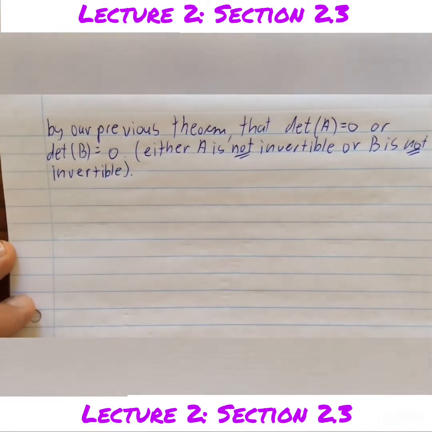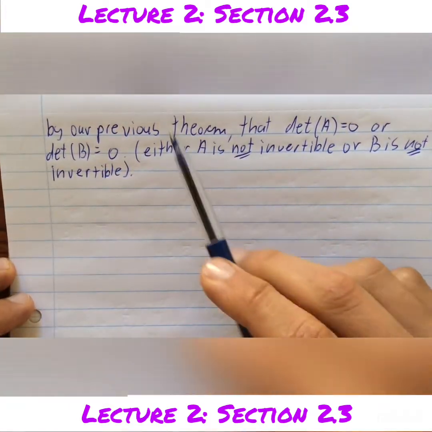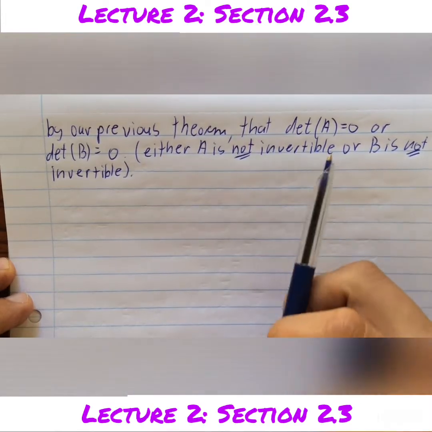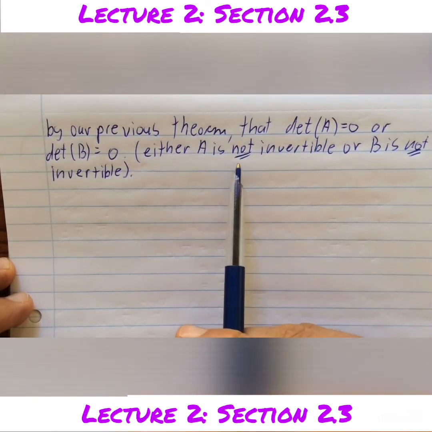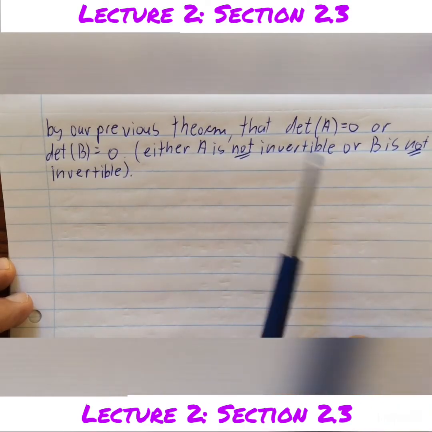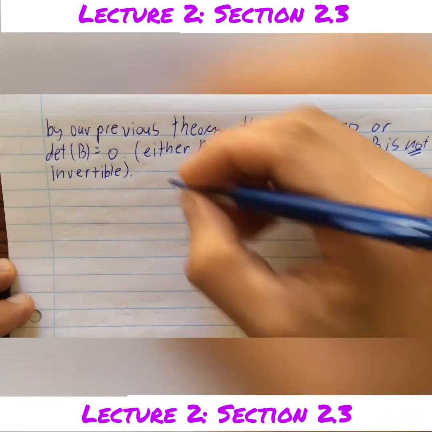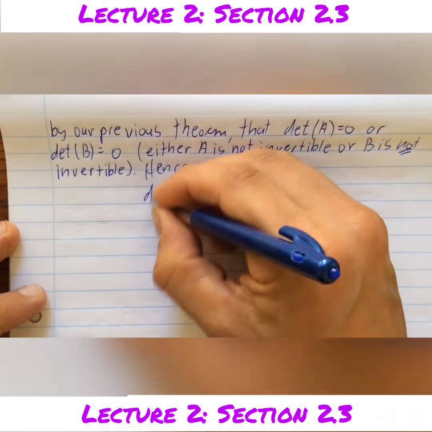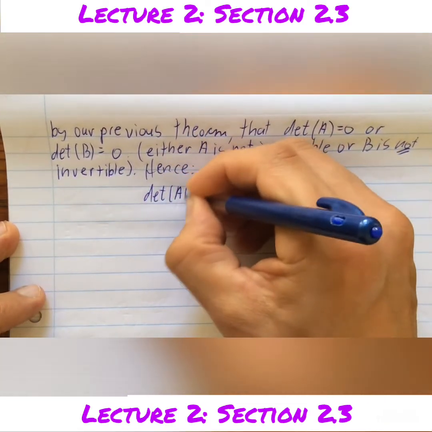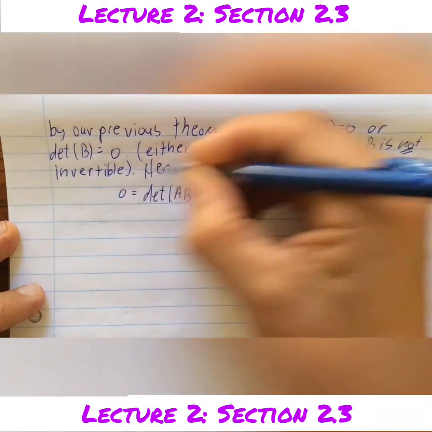Remember, a matrix is invertible if and only if its determinant is not 0 by the previous theorem. So if A is not invertible, its determinant is 0, and if B is not invertible, its determinant is 0. So hence, what do we have? We have the determinant of A times B. We said that's 0.